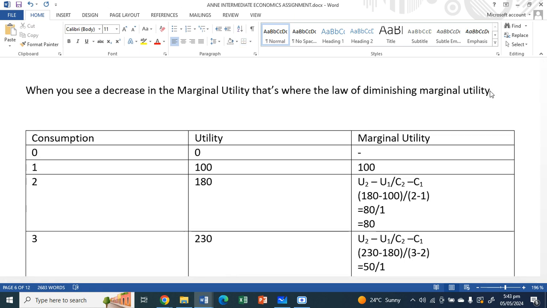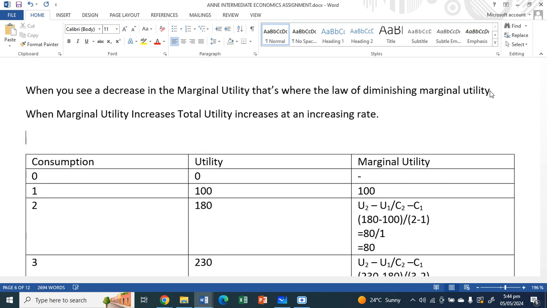When marginal utility is increasing, in this case, we never had a scenario where the marginal utility is increasing. All right. When marginal utility increases, total utility increases at an increasing rate.